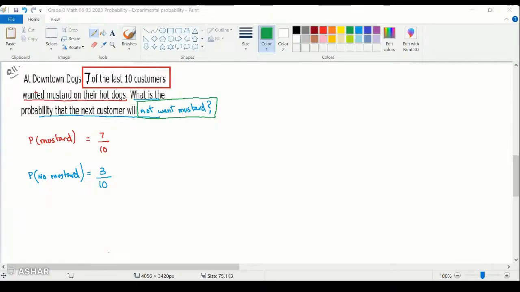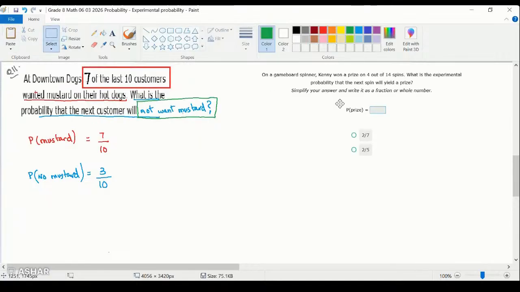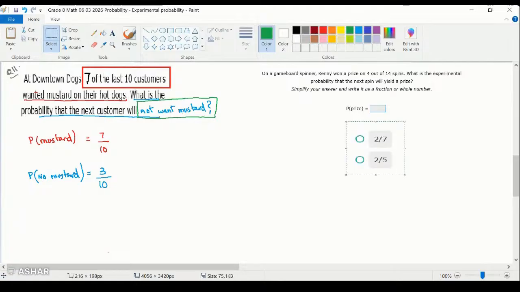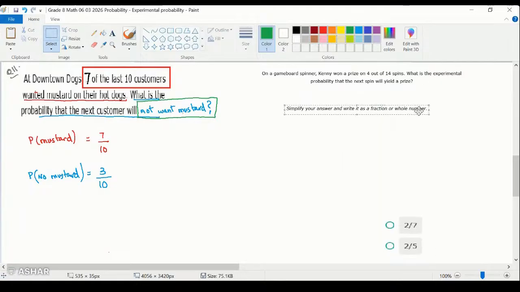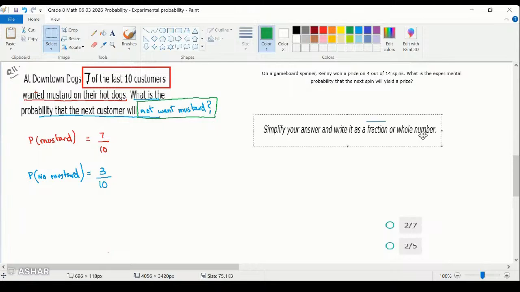Okay, the first question says, on a game board spinner, a spinner is given to us. Let this be our question number 1. And these are the answers given to us. Simplify your answer, give it in simplified form.